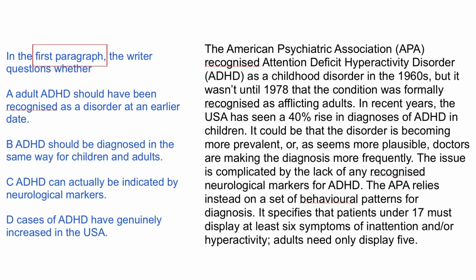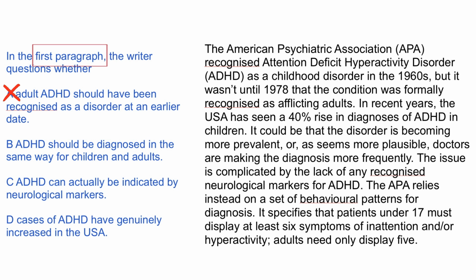The writer questions whether letter A, adult ADHD should have been recognized as a disorder at an earlier date. We can cross this option off because I can't remember reading anything about diagnosis at an earlier date. Letter B, ADHD should be diagnosed in the same way for children and adults.